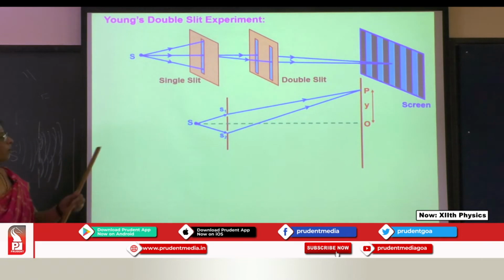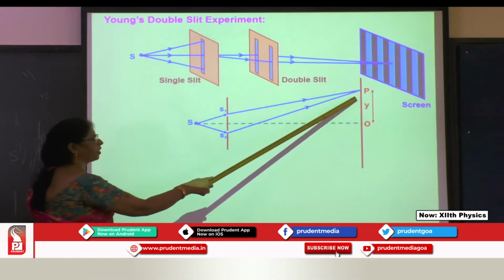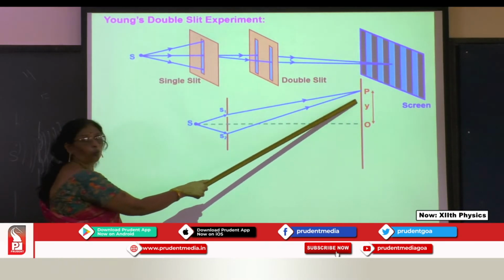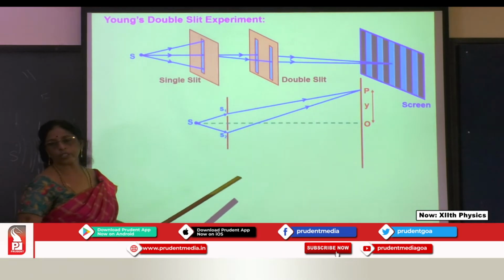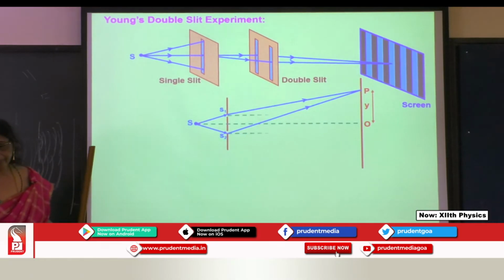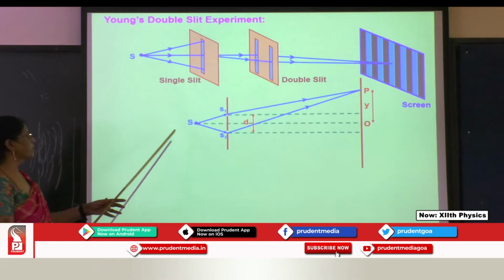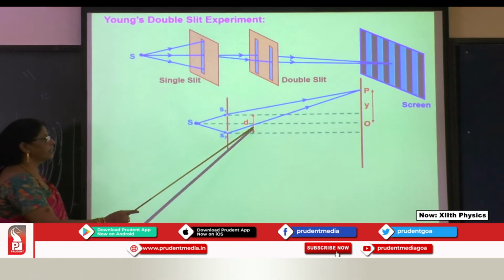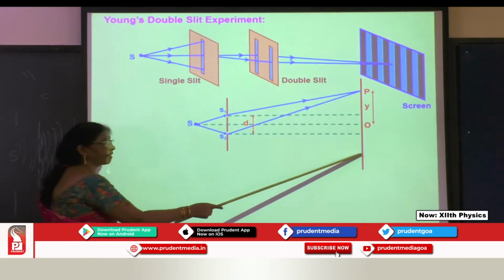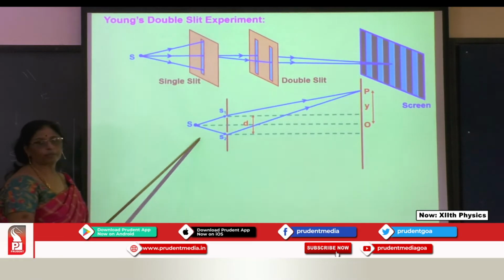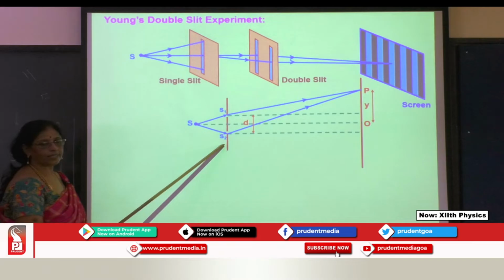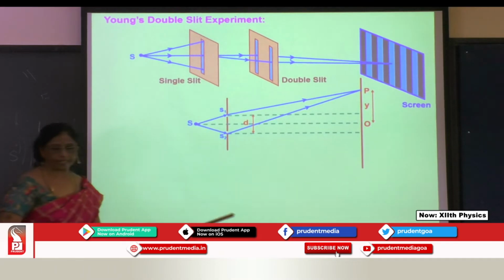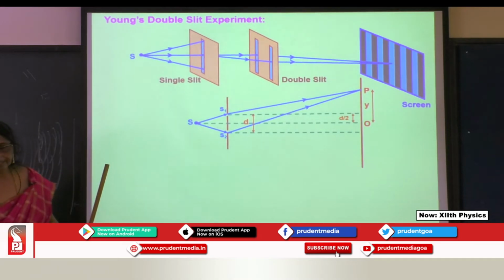Now the point where they interfere is at a displacement y from the center point of the screen. See here, the distance of separation between the two slits is d and the distance of the screen from the slits, because this is very close to S, we take as capital D.